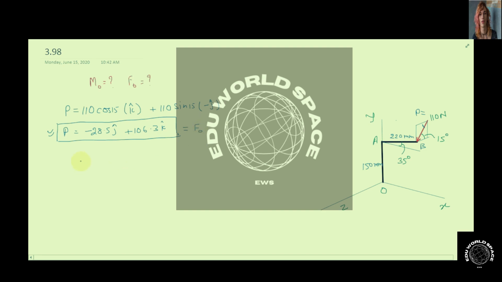Now, talking about the equivalent moment at point O, we can calculate this using the relation: the position vector of point B, the point of application of the force, with respect to the point where we have to calculate the moment, crossed with the force, let's say the vector P. Since the coordinates of B are not known, we can calculate them from this diagram.